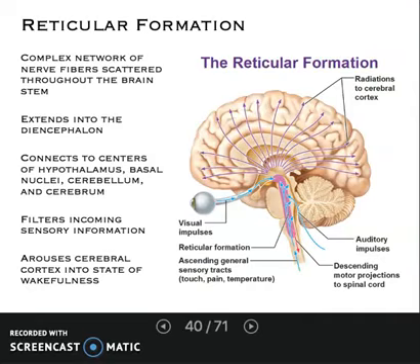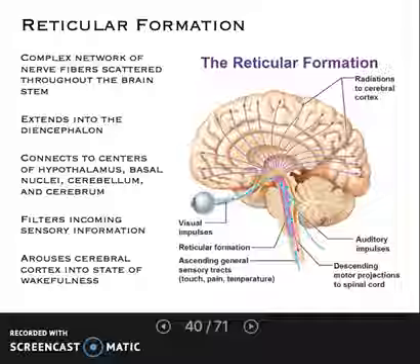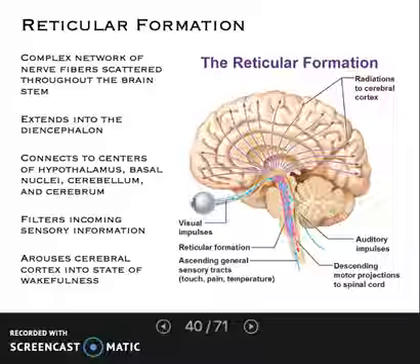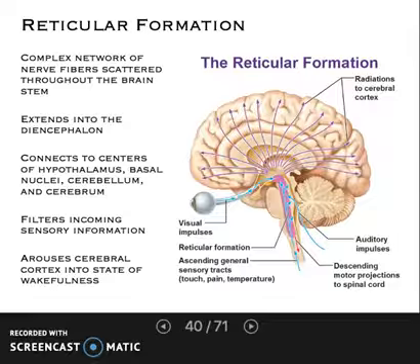Another deep structure that has connections to the deep parts of the brain and to the cerebral cortex is the reticular formation. And so the reticular formation has all these different radiations out to the cerebral cortex, but it's also really importantly located down in the regions of the pons and the medulla. And this is what keeps you awake or puts you to sleep.